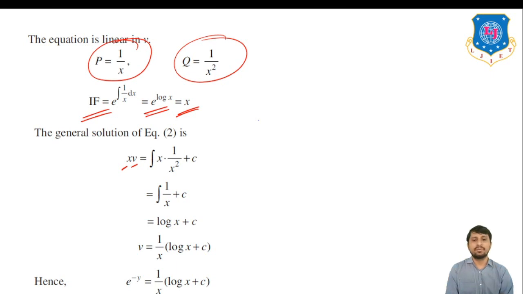So first we write v, and at last you put the value of v. So x into v equals integration of integrating factor into q dx plus c. This is your formula: integrating factor into v equals integrating factor into q dx plus c.